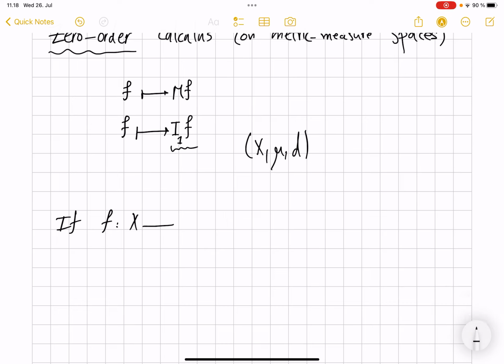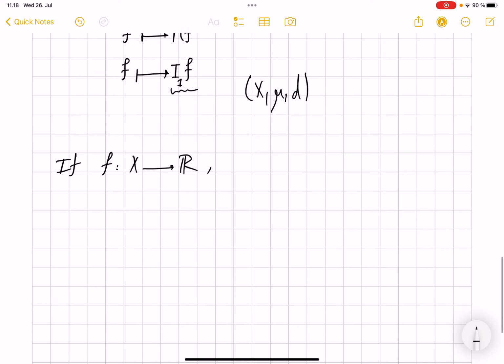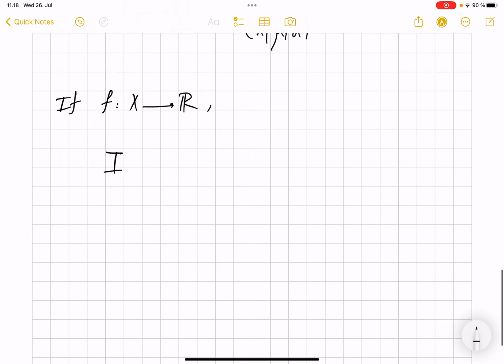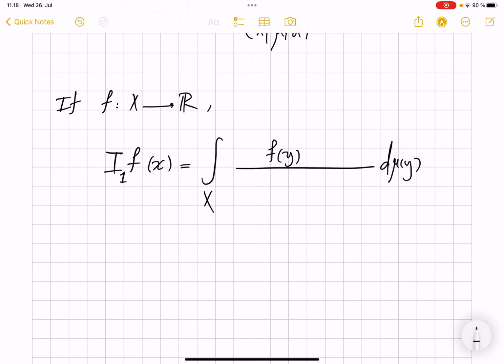In the case of the Riesz potential, it turns out that the right definition is this. If f is a real valued function on a general metric measure space, to define the Riesz potential of order 1 of f at x, you integrate over x, obviously. Remember, we integrated the function over |x minus y| to the power n minus 1.